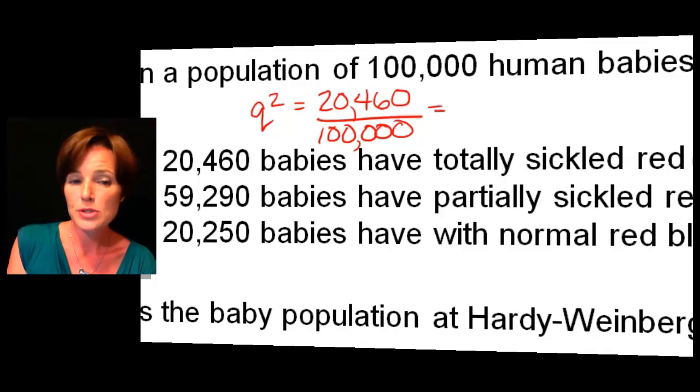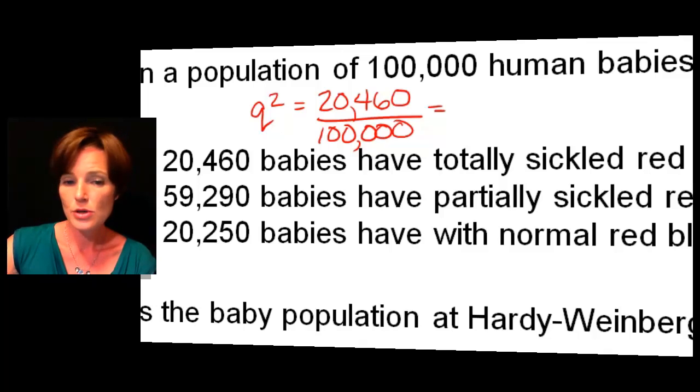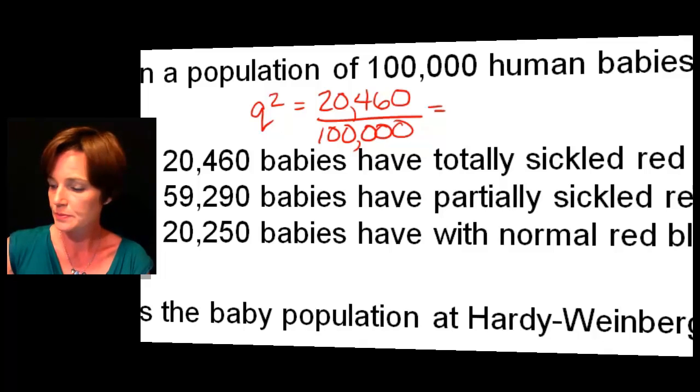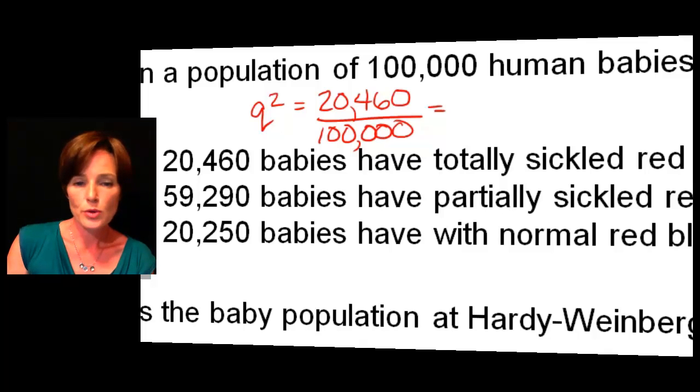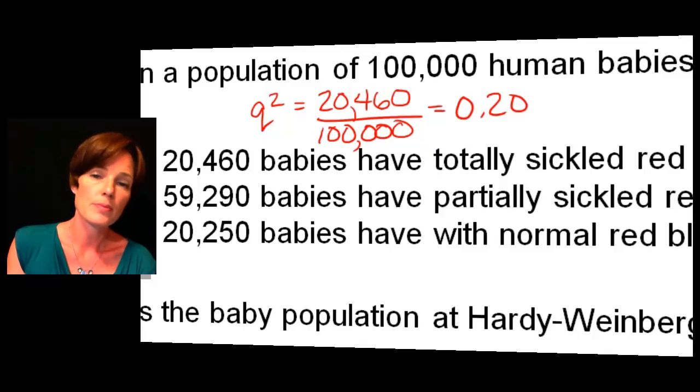To figure out Q squared, we would want to figure out what that percentage is. So go ahead and figure out what percentage we are dealing with here. So for Q squared, we've got 0.20, or 20% of our population has sickle cell anemia.